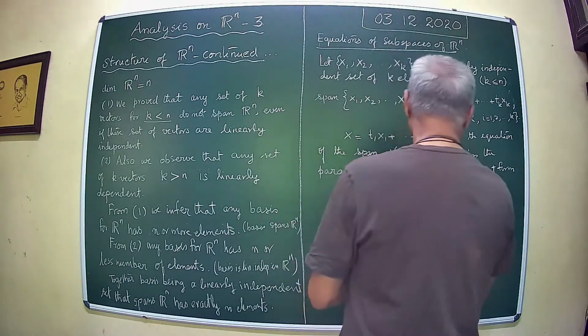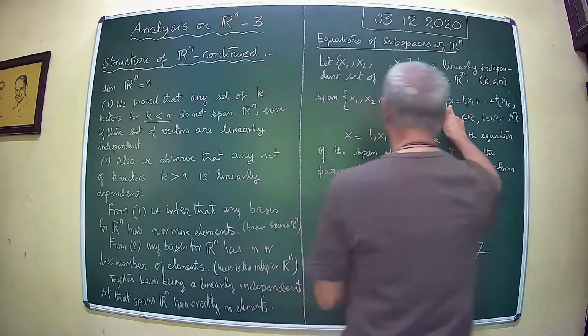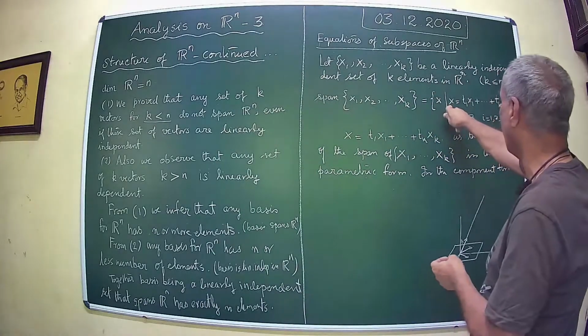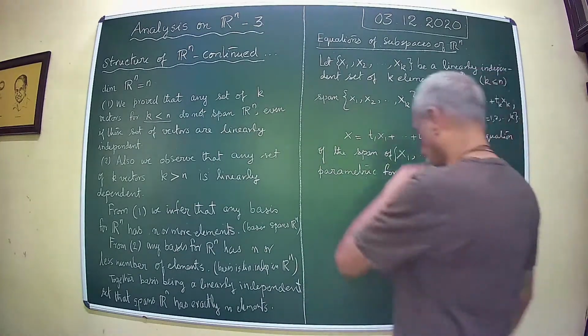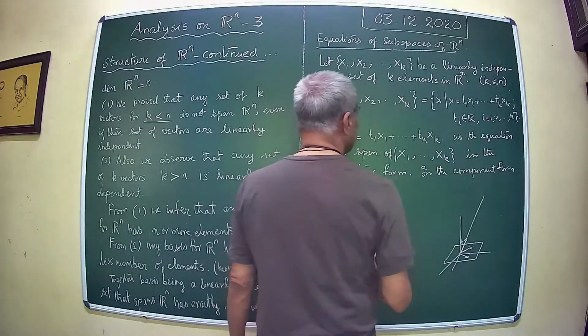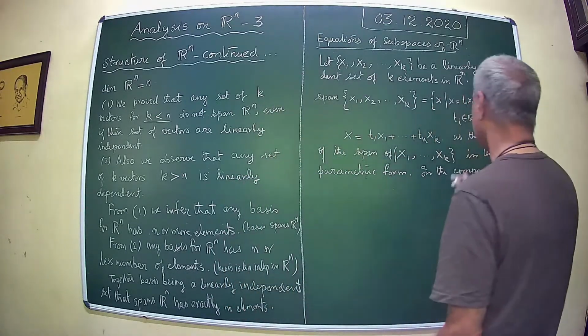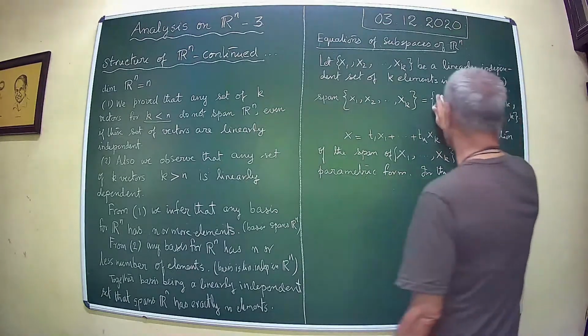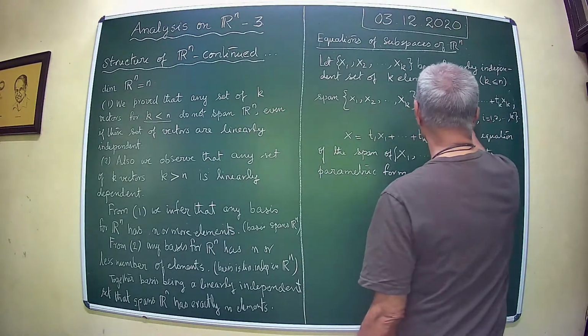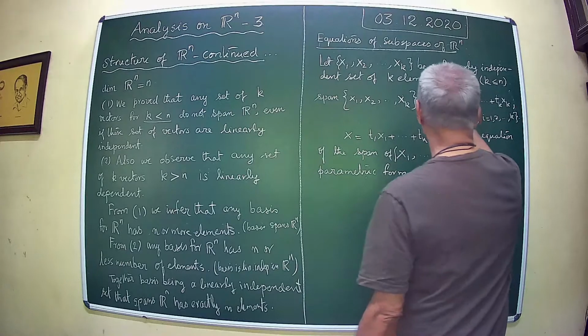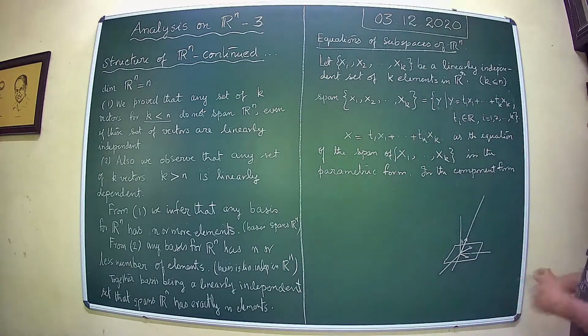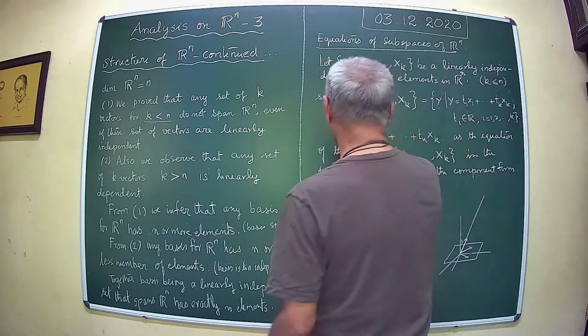I'll write it this way. So the first component, there are n components for x because we are in Rn. Therefore, I think I better make some change here, so that there is no confusion. Therefore, this is equal to y.